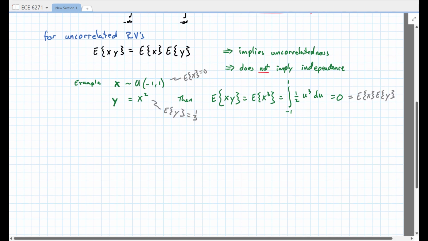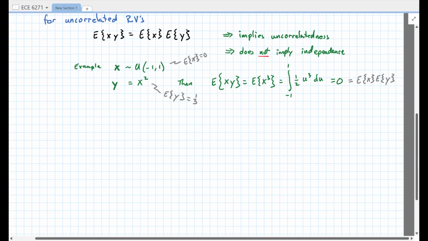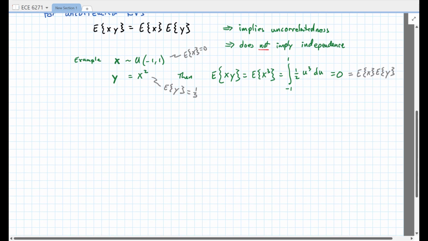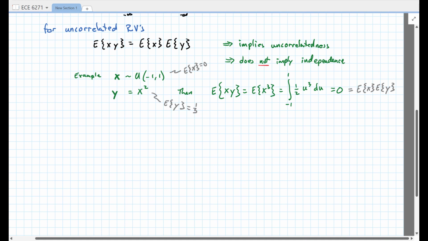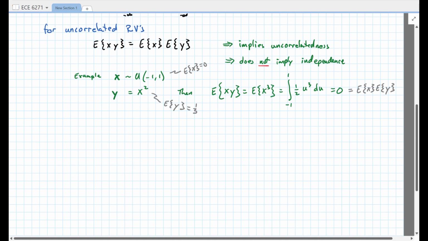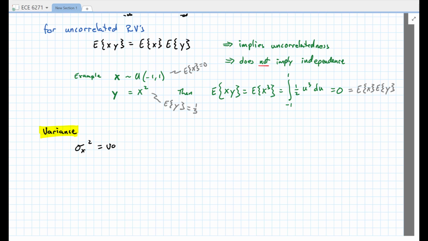Our next example is that of variance. Variance is closely related to the correlation, and I should probably say I've noticed that people often mix these up. So just as a warning, it's not uncommon for signal processing classes to assume that you have a zero mean random variable.